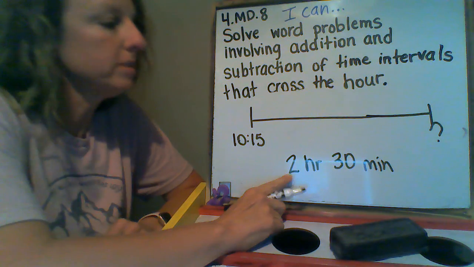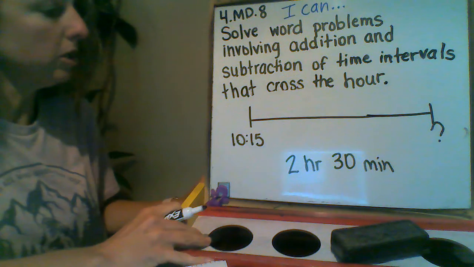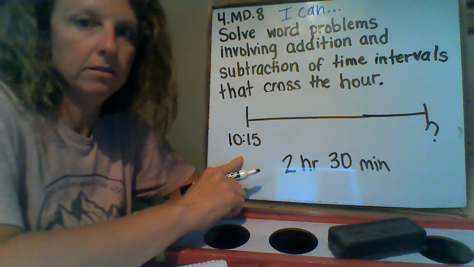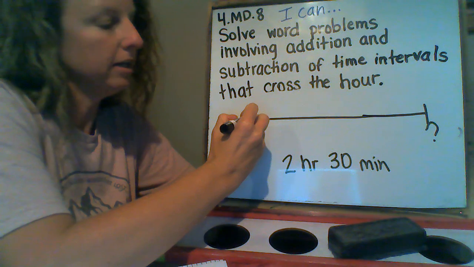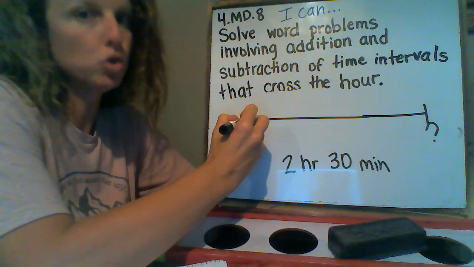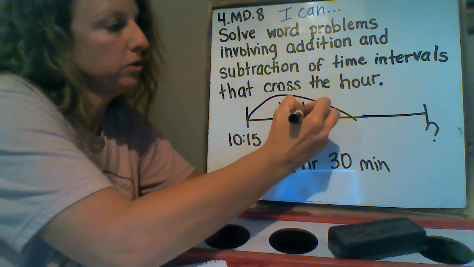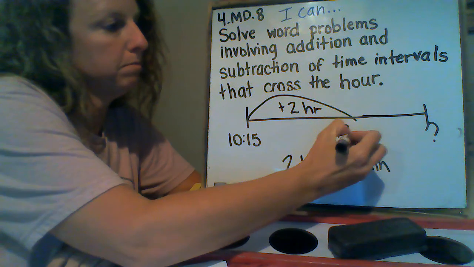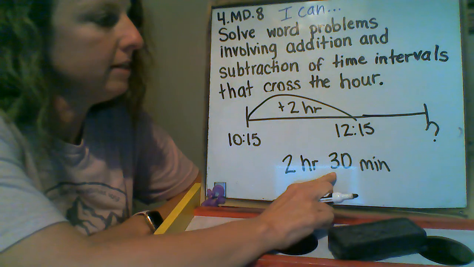Remember, I'm going to add my bigger chunk of time first, which is the hour. So if I'm at 10:15 and I want to add 2 hours, that would be 11:15, 12:15. So I'm going to jump 2 hours, and that would be 12:15. Now I'm going to do my minutes.